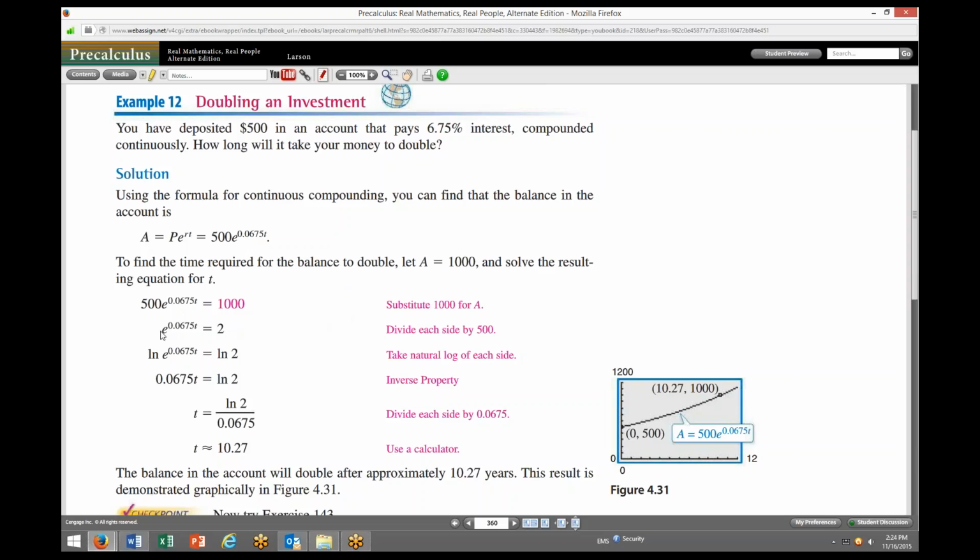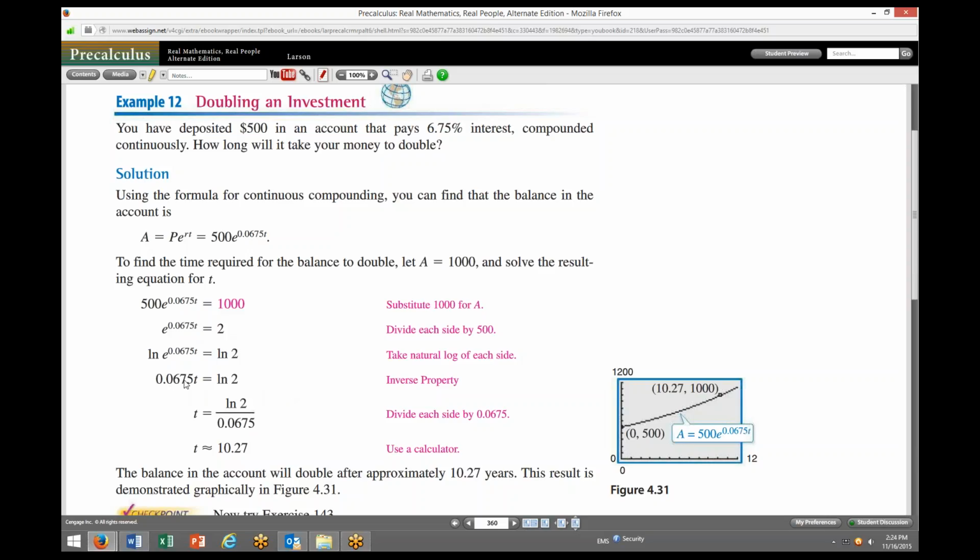So now we have an exponential equation that we cannot solve by algebra, so we must convert the exponential equation into a logarithmic equation. It's base E, so therefore it's natural log. And so E to this power equals 2 means that the natural log of 2 equals 0.0675 t. And once again, they've written this exactly opposite of how I just said it.